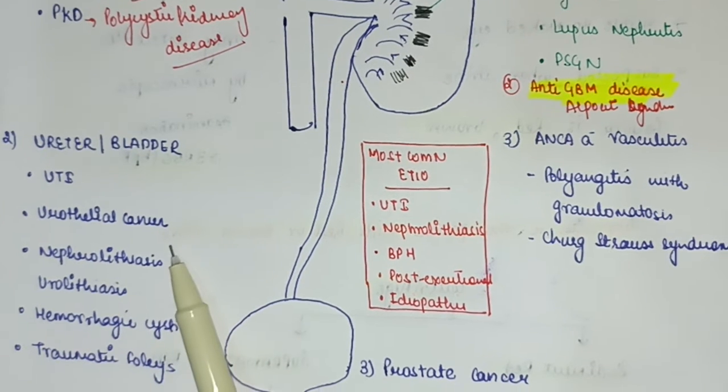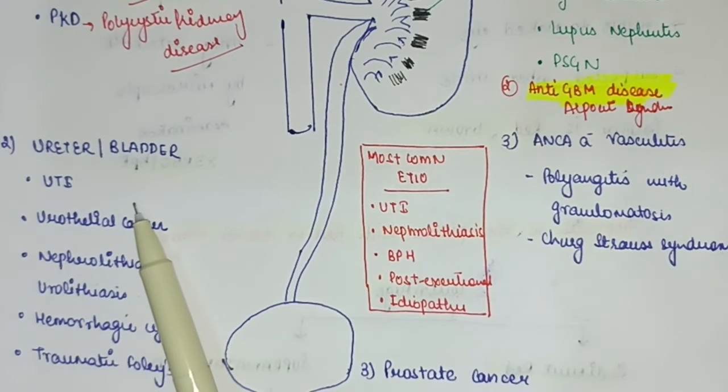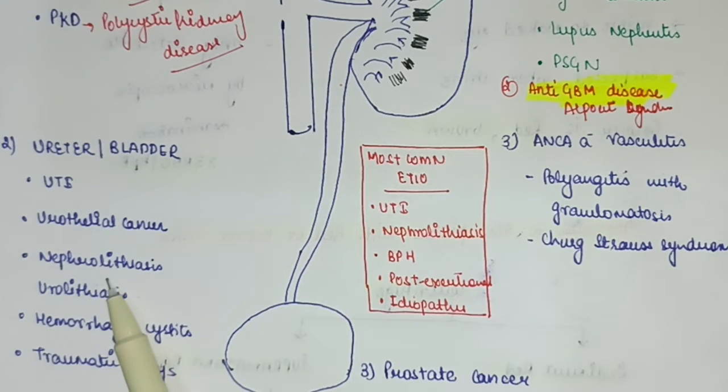So we have to take the history very carefully. We have to ask the patient about the symptoms of UTI like dysuria or increased frequency of urination, lower abdominal pain, flank pain. In case of nephrolithiasis, flank pain and pain radiating to the groin are very common in ureteral stones.